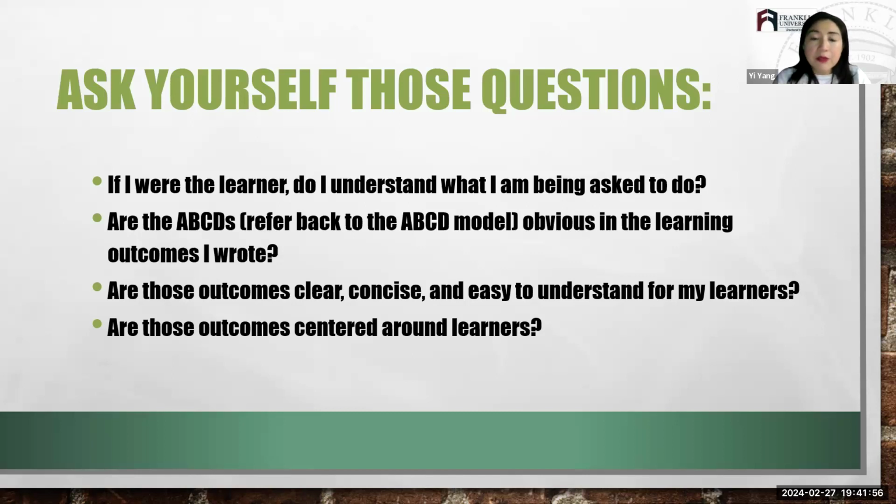Fourth, are those outcomes centered around learners, not you, but the learners? Always ask yourself those questions after you write the outcomes. Many times you will say, oh, I missed this part, oh, I missed that part. So you need some thinking process and some revisions for your initial draft of outcomes.